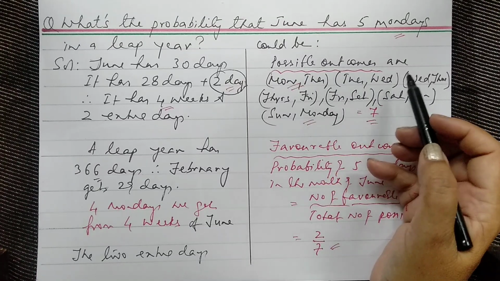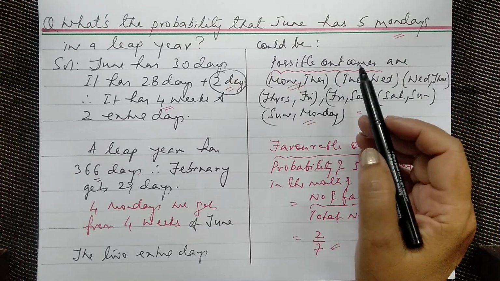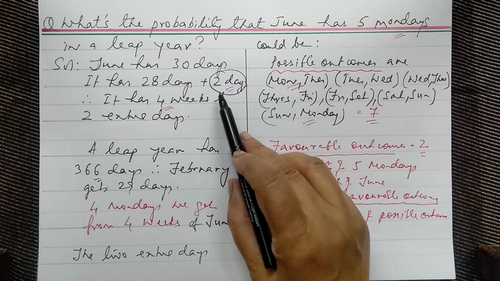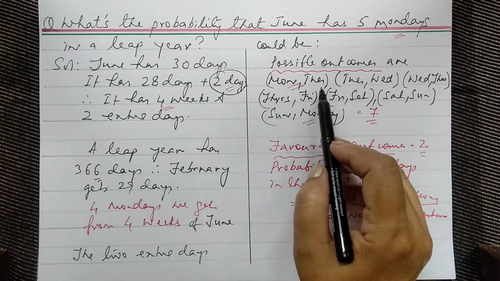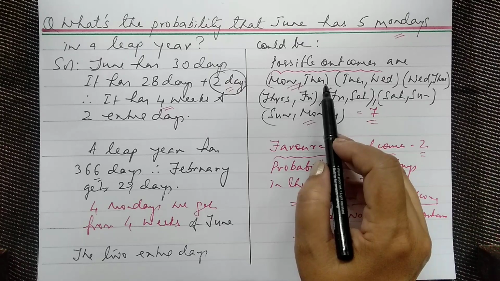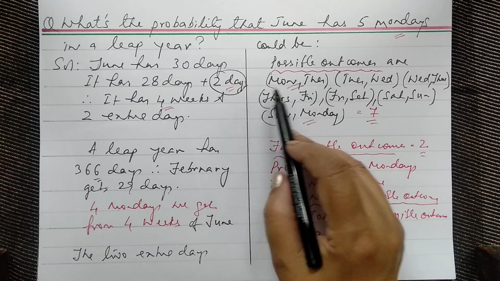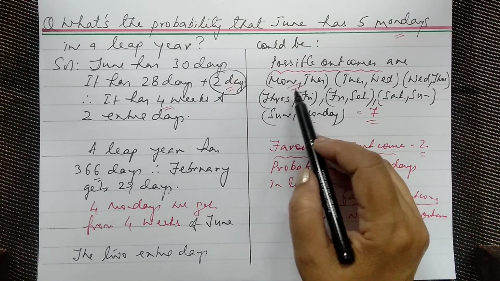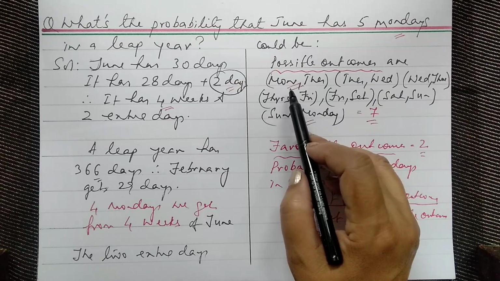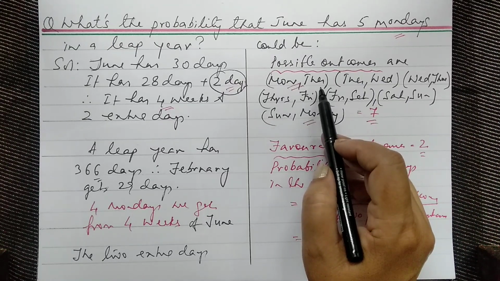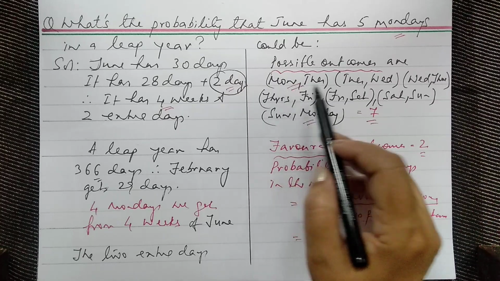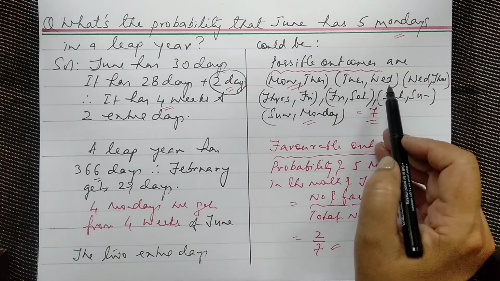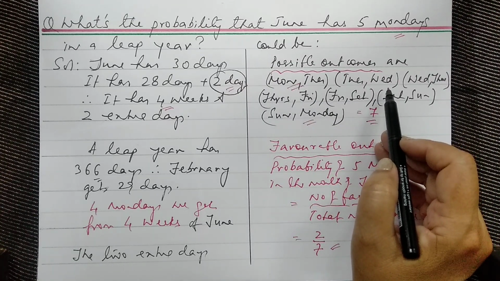The possible outcomes could be: if those 2 extra days begin with Monday, then the next day can be Tuesday. We can't have 2 Mondays on both the days; we have to count on the consecutive days. So Monday, then comes Tuesday. If it starts on Tuesday, then the next day would be Wednesday.